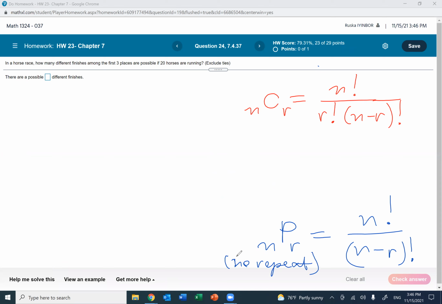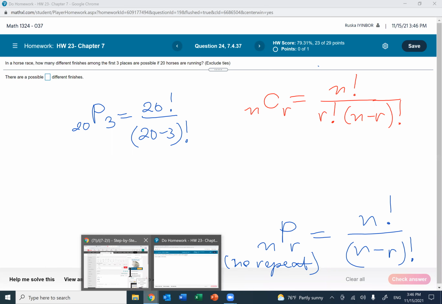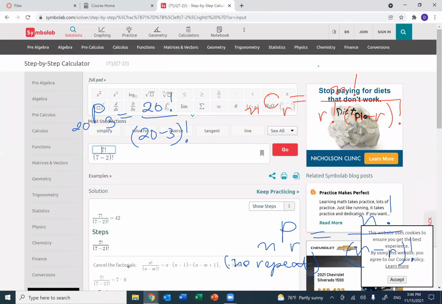We're going to use the formula for permutation. Here we need to find the permutation: the first 3 places, and the 20 is all the possible things you can pick from. So it's going to be 20 factorial over 20 minus 3 factorial. Then the calculator is going to give us the answer. So we have 20, and then 20 minus 3.